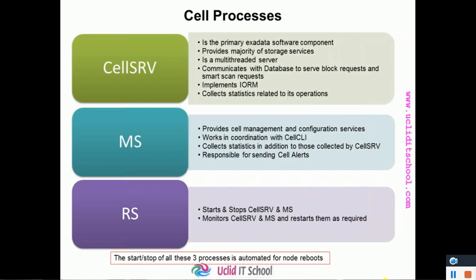When a fault occurs in the storage server, it automatically generates an alert, and the alert can be propagated to an SNMP based tool like OEM, or the alert can be propagated to email clients directly. So that you will receive that alert in the form of an email. So MS is responsible for managing and sending the alerts.